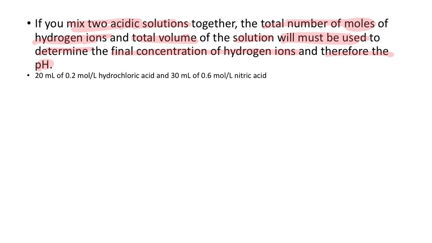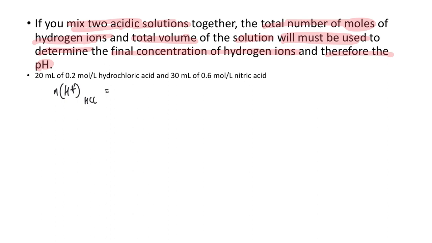All right, so here we have 20 mL of 0.2 mol/L hydrochloric acid and 30 mL of 0.6 mol/L nitric acid. Let's work out its final pH. We can work out the number of moles of H+ from the HCl, and this is where I always say you need to annotate your calculations.